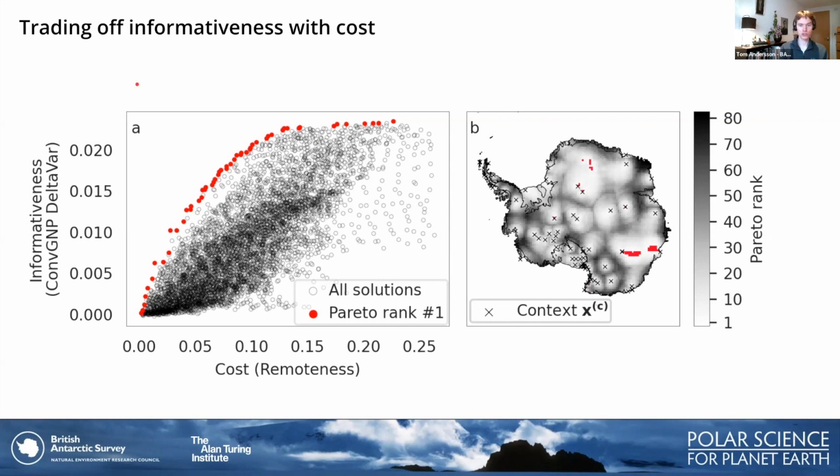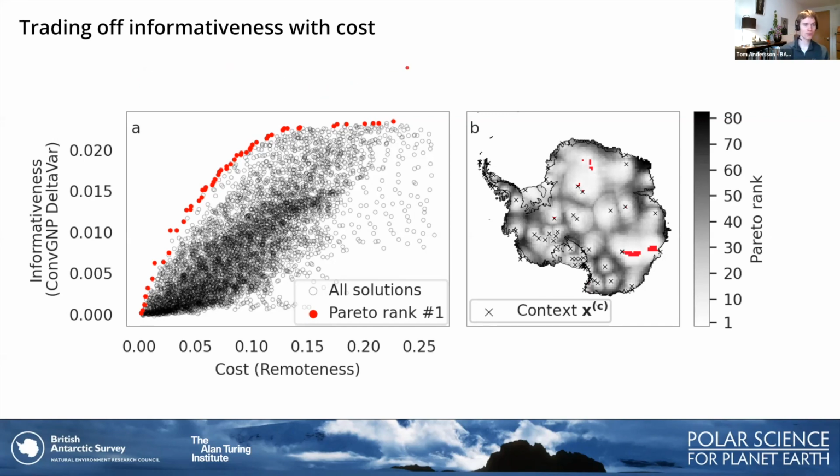And we just demonstrate this in our paper in this pretty naive way, where we just say, let's pretend that the cost of deployment increases linearly with distance to the closest existing station, which kind of makes sense, but it doesn't make sense because a lot of these are automated stations, so there's no people there. What you should really do is make the cost increase linearly with distance to the closest crewed station. Then it would make a bit more sense. But even then, there are many more ways that you could make the cost model more sophisticated.